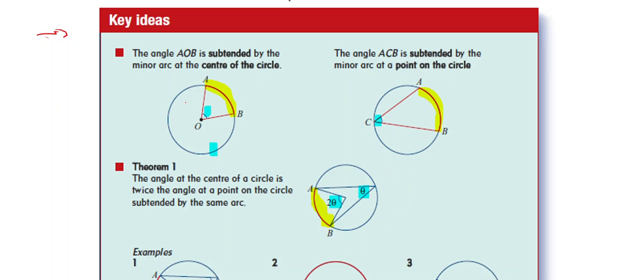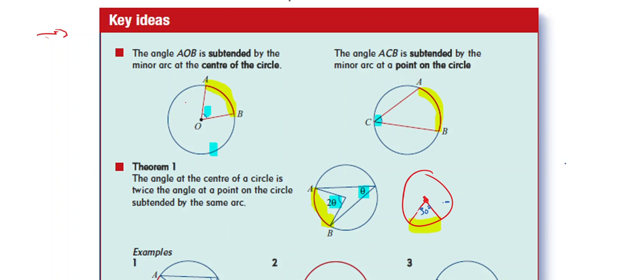So I'll go through a very, very simple example. If I draw a circle there, and we have an arc, so this happens to be a minor arc, and we have an angle of, let's just say, 30 degrees.